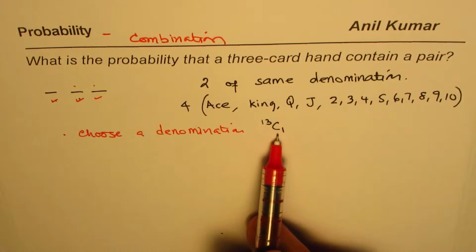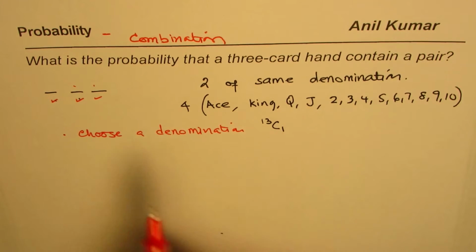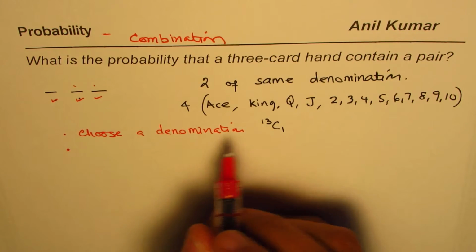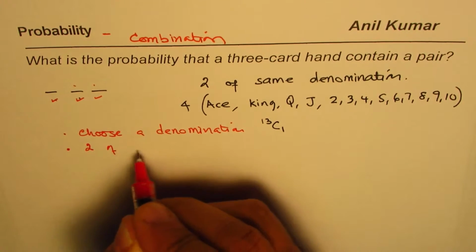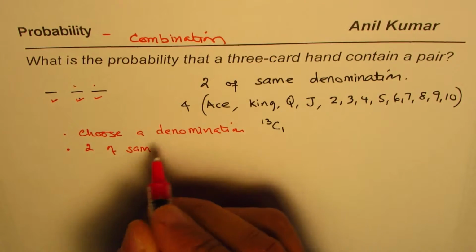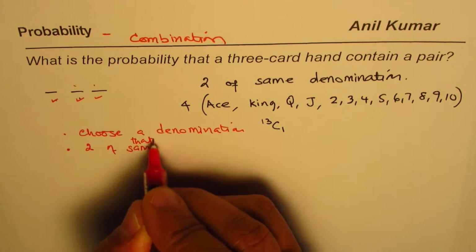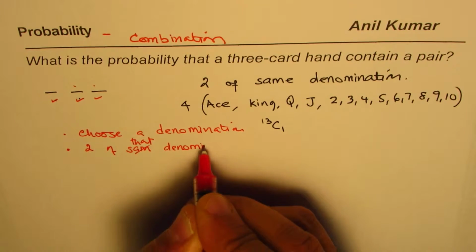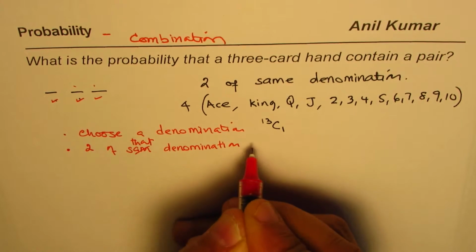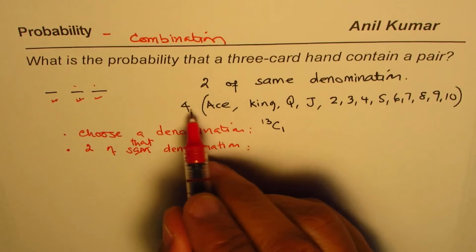Now, once we have selected that this is what we need, then we have to get two of that kind, right? So we have to get two of same denomination. So for each denomination we have four.